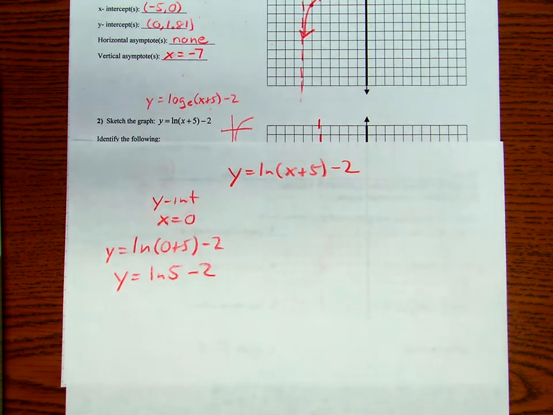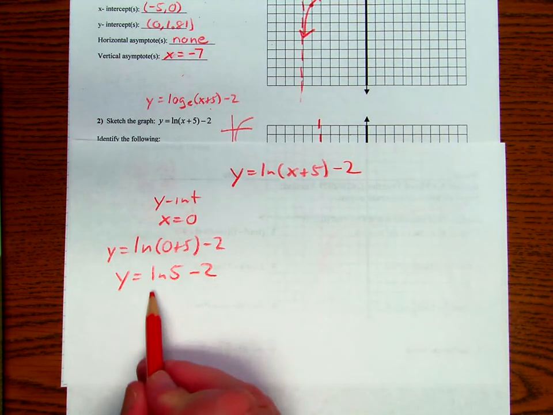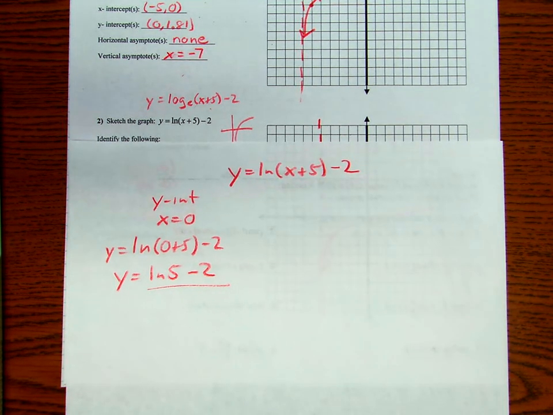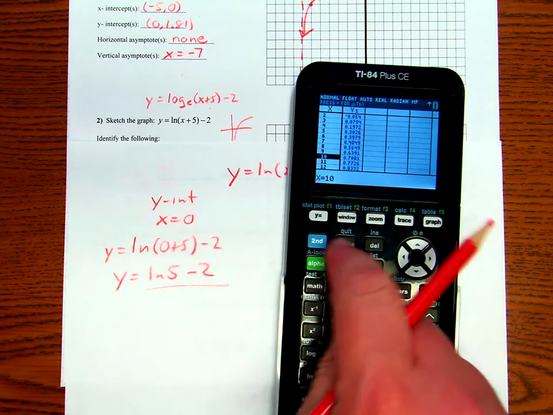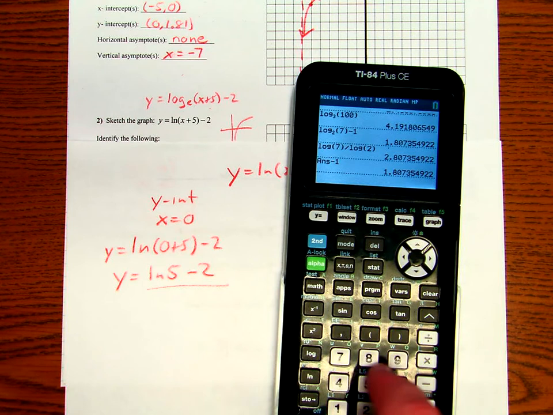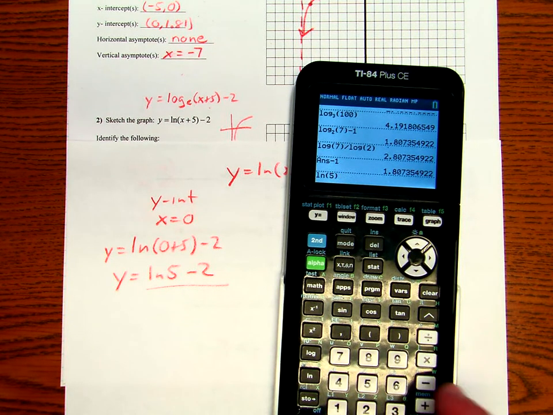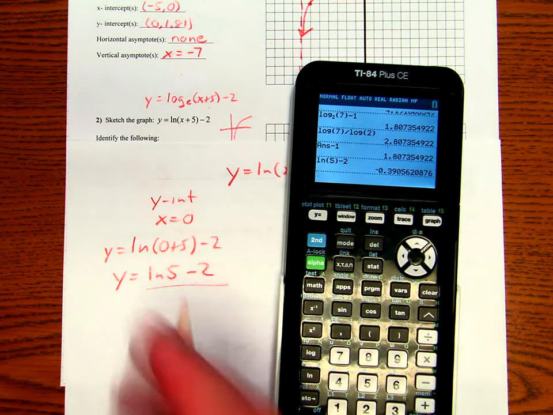Now the ln of 5 minus 2, that would be the exact y-intercept. And there are times where maybe you're asked for what is the exact y-intercept, in which case you leave your answer like that. In terms of a decimal approximation, ln of 5 minus 2, and there's your negative 0.39.